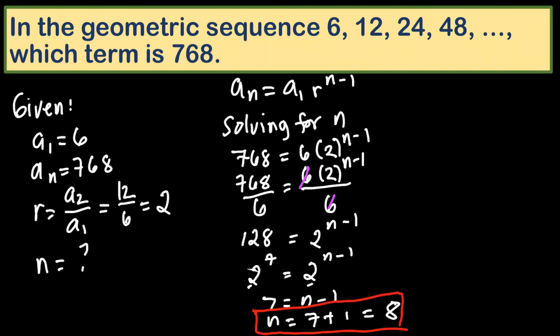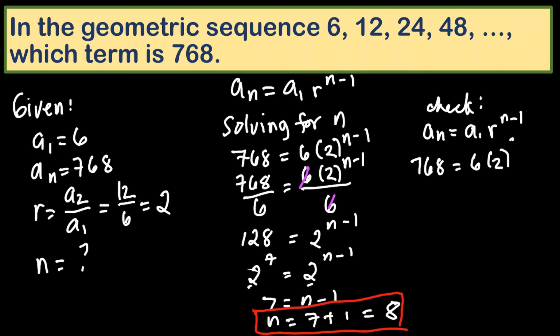Let's check if our answer is correct. Let's substitute n into our formula a sub n equals a sub 1 times r raised to n minus 1. Our a sub n is 768, a sub 1 is 6, and r is 2 raised to 8 minus 1.